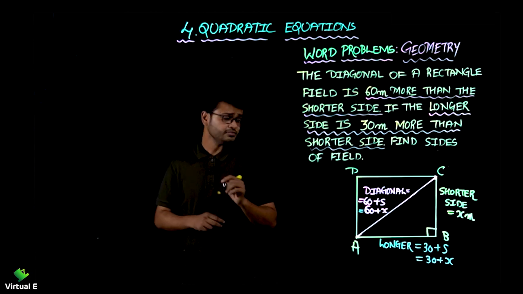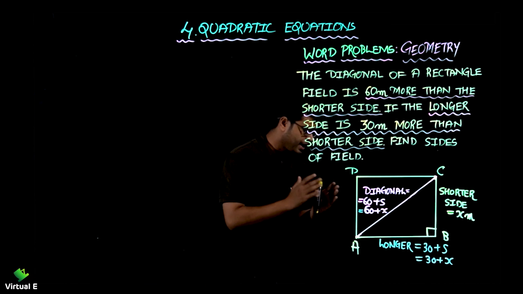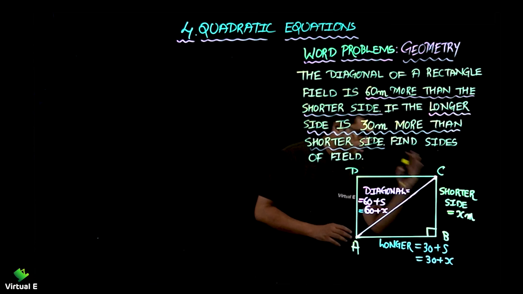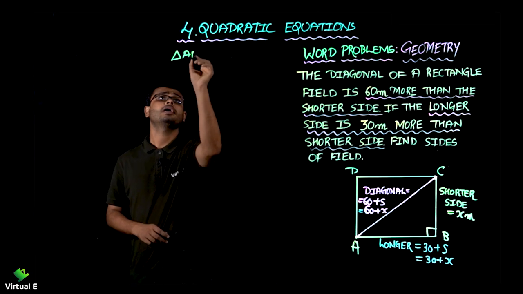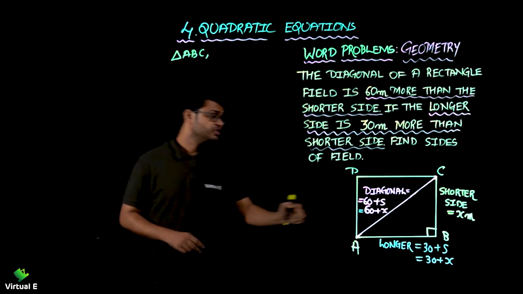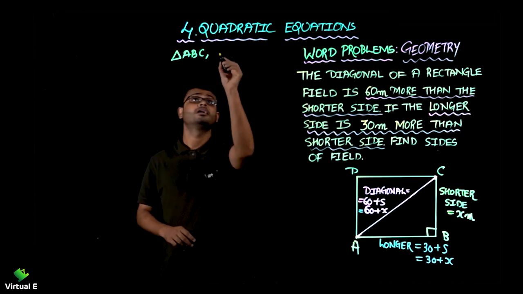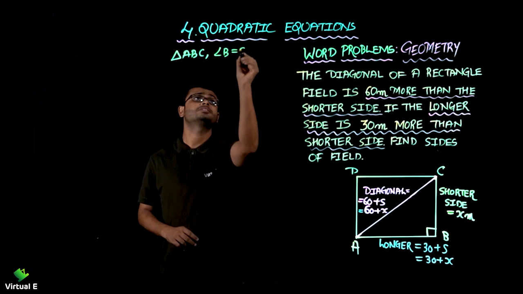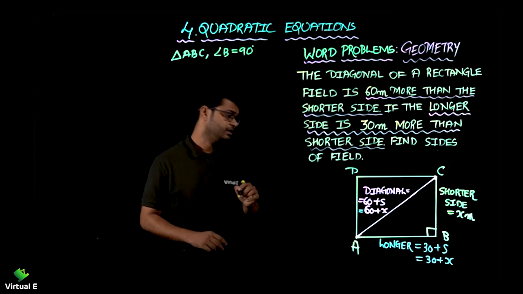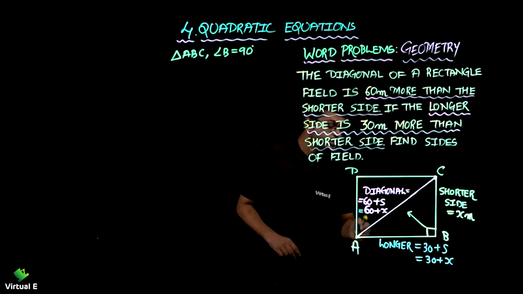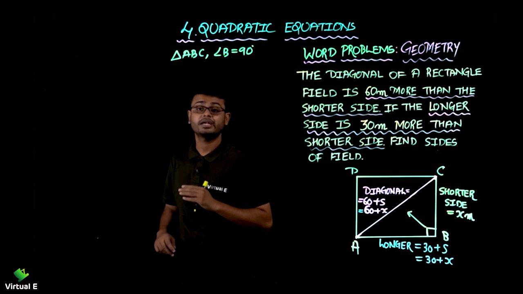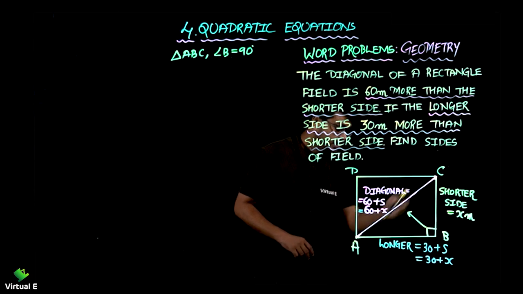Let us give names to this rectangle: A, B, C and D. I'm taking only one triangle here, which is triangle ABC, with angle B equal to 90 degrees. The hypotenuse will be opposite to it. Remember, the hypotenuse is always opposite the 90 degree angle, so the hypotenuse will be AC.